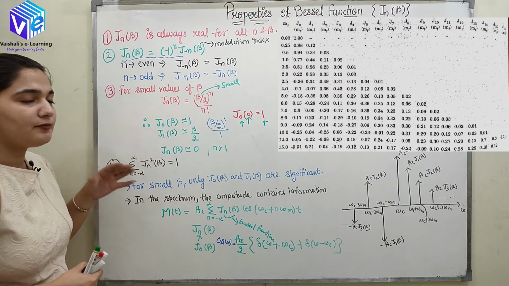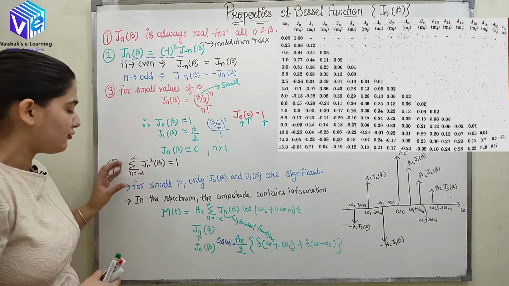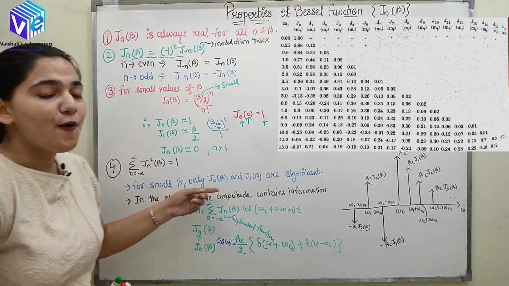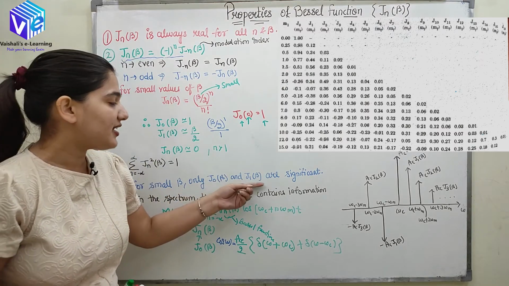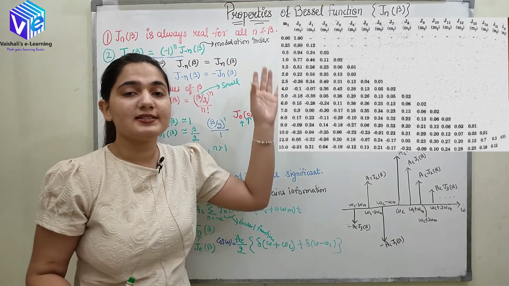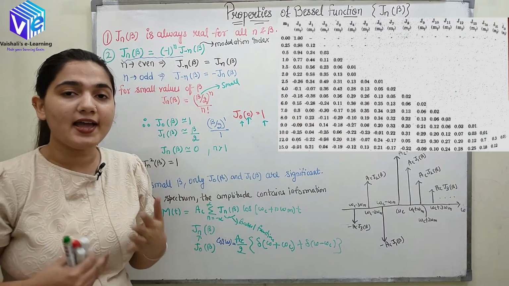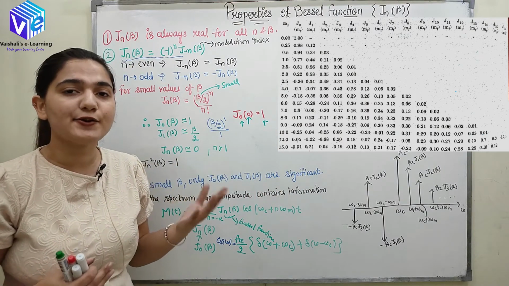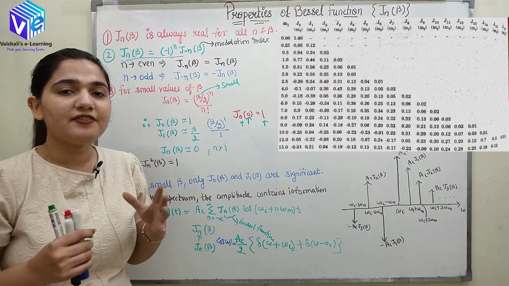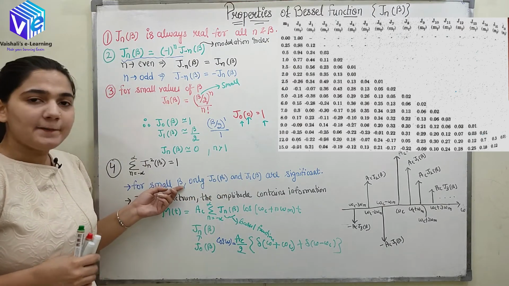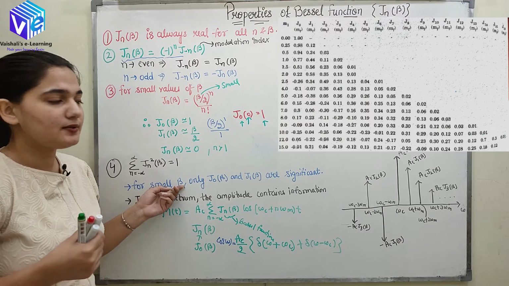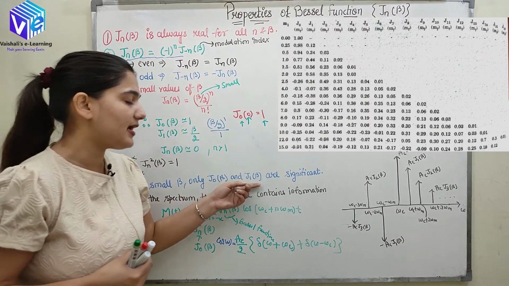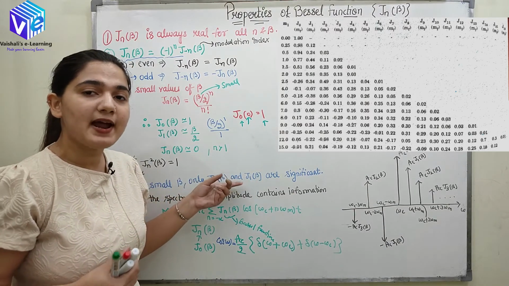Now we deduce these conclusions: for small beta only J0 and J1 of beta are significant. You can see it from the chart, and I have already explained it in narrow band FM as well, that if I have less beta, the modulation index is less, and the information is contained in the upper sideband only.